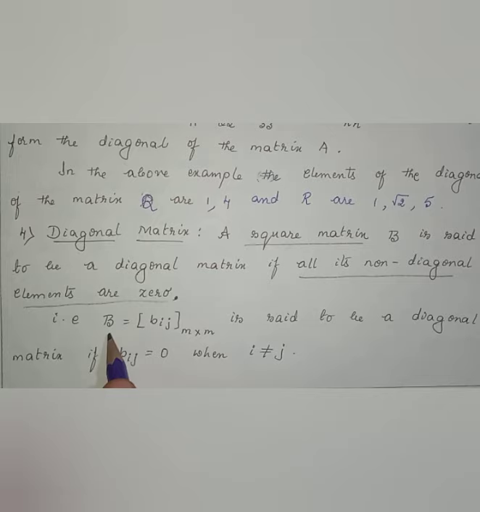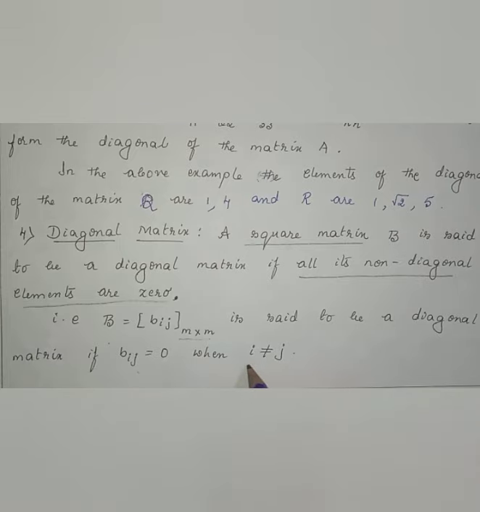Briefly we can define this as: B equal to the matrix Bij of order m by m. This denotes that the matrix is a square matrix. It is said to be a diagonal matrix if Bij is equal to 0 when i not equal to j.